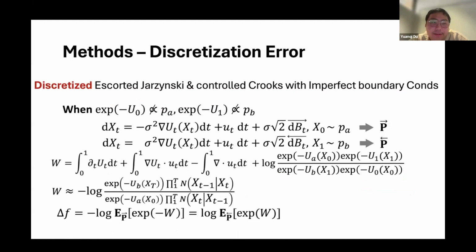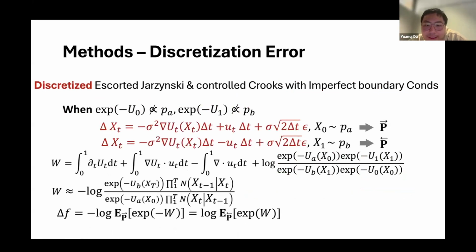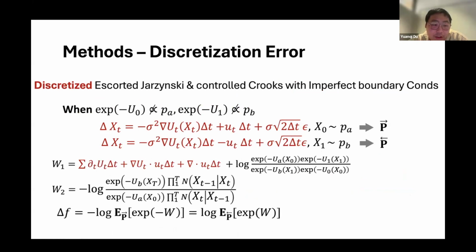Another practical reason is about discretization error. Everything is in continuous time, so how do we discretize it? We first discretize the forward and backward SDEs with just Euler, and next for the ODE, we have to discretize the ODE again, right? Once we discretize the ODE, that introduces another discretization error.